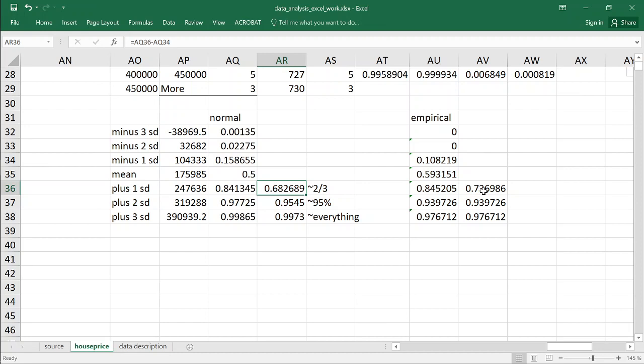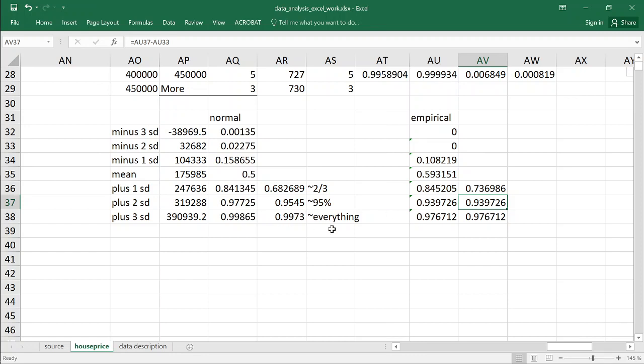We find almost a quarter. So that's a clear indication that this data is not normal. It looks a bit better if we compare the 95 here. So for the 2 standard deviation range, we're about at the 94% empirically.